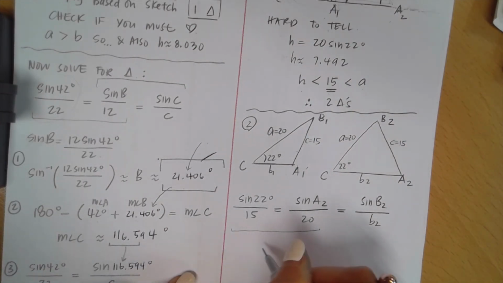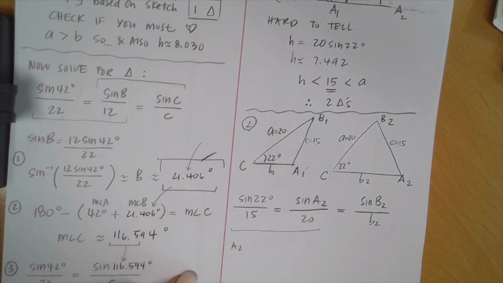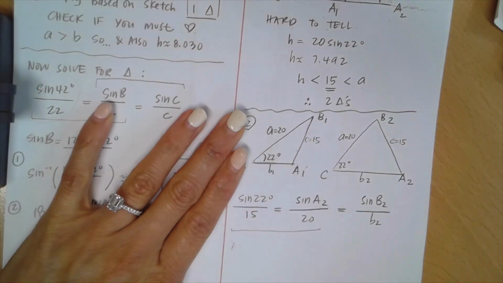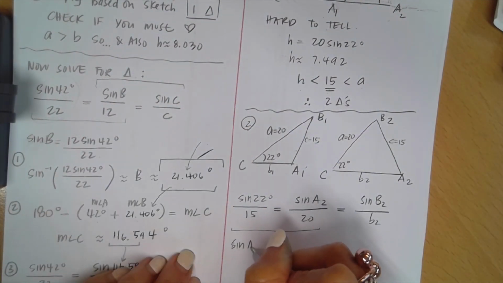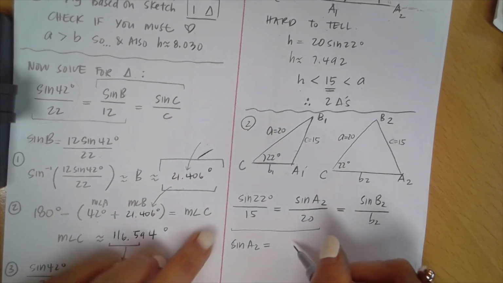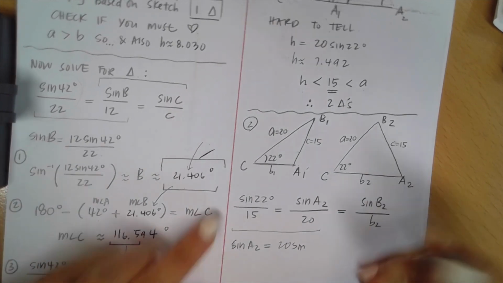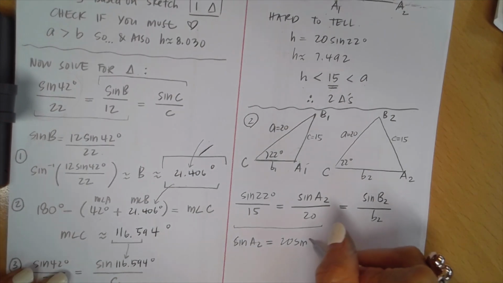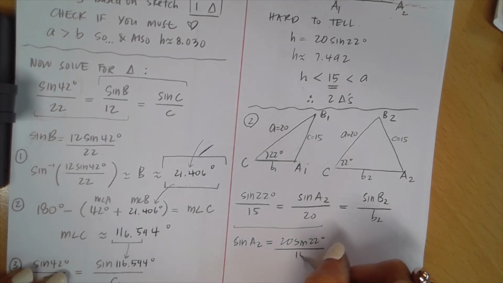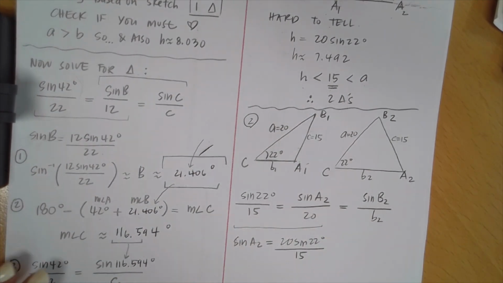So I'm going to go A2. Oh, I think the solving is the easier part. Sine of A2 is equal to 20 sine 22, all over 15. You agree with me? Okay.